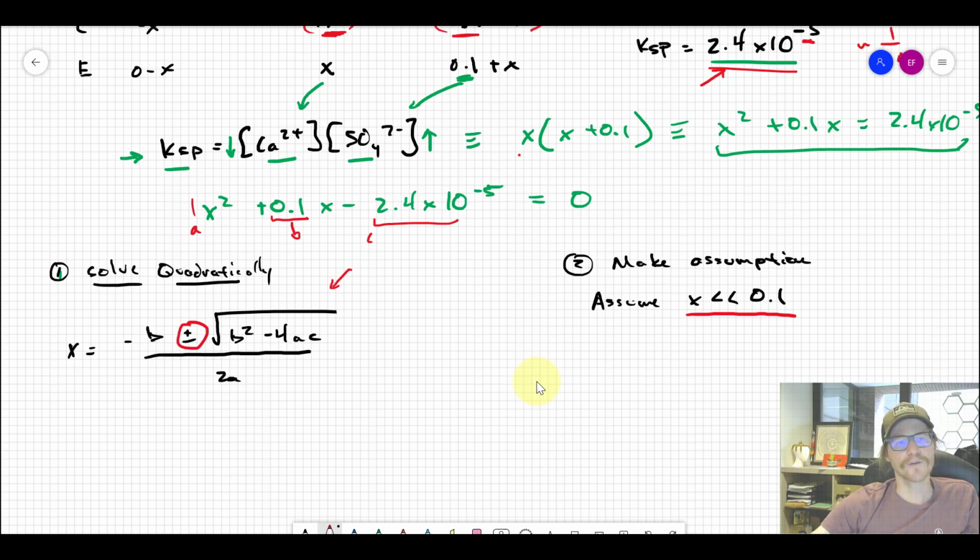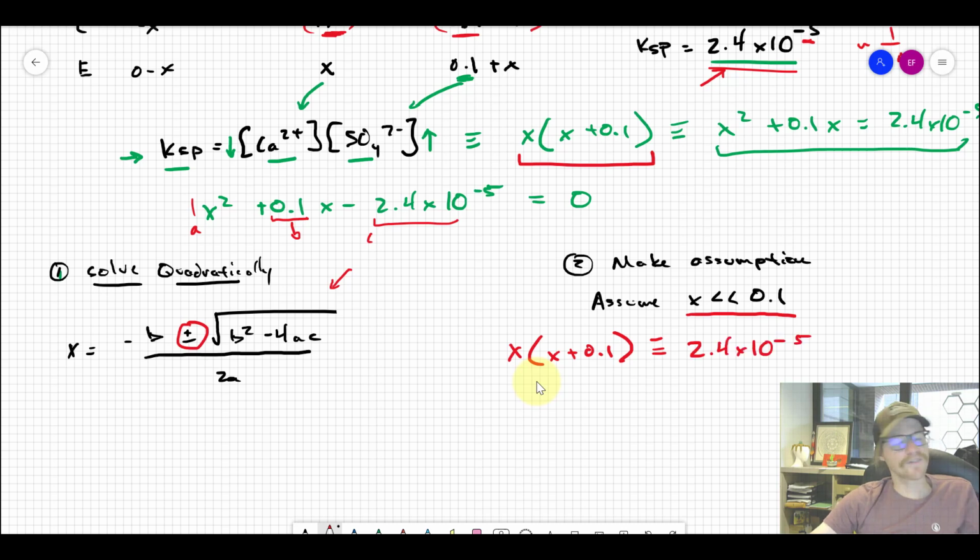So if we imagine this is our expression, X times (X plus 0.1) is equal to KSP, which is 2.4 times 10 to the minus 5. If X is considerably smaller than 0.1, then it's this part of the algebraic expression that would change as a function of this assumption.